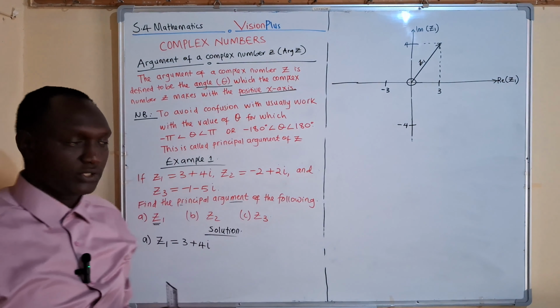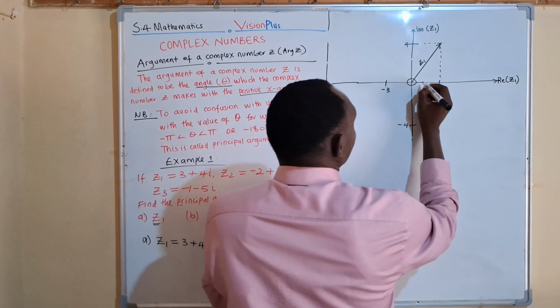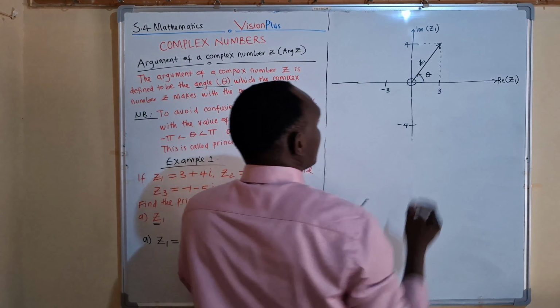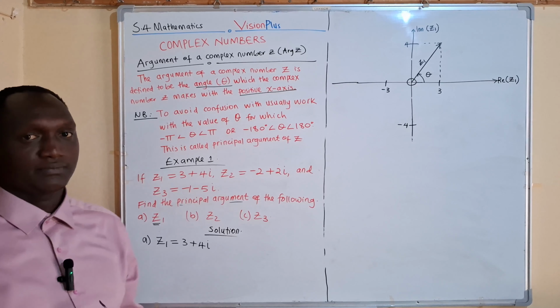But that is not what the question says. The question asks for the principal argument. So this is the angle, the argument that we are looking for. How can we get that angle?